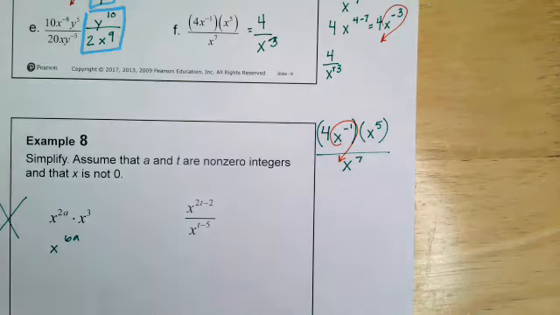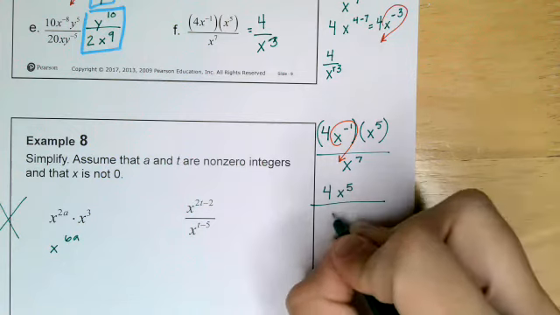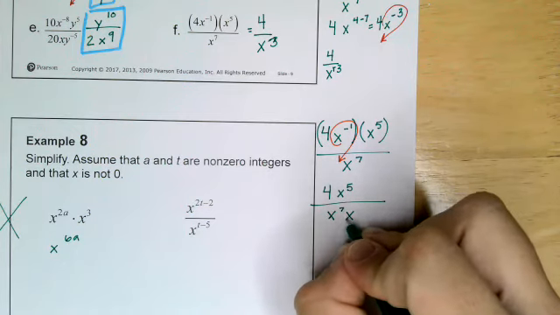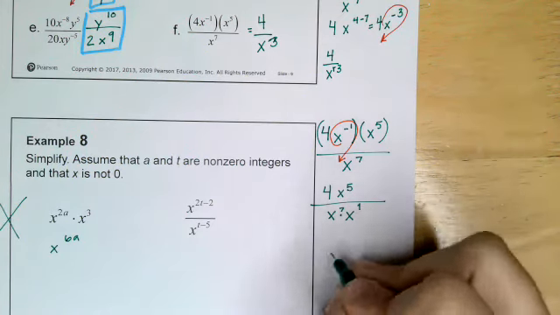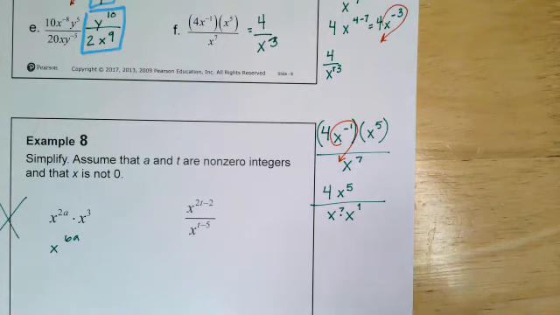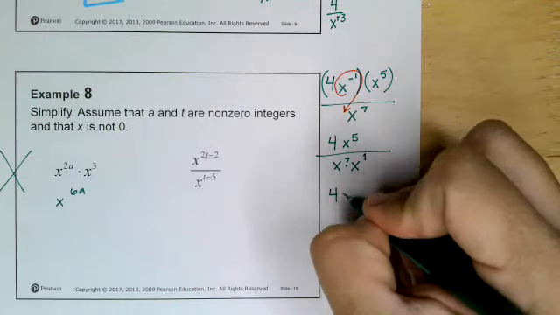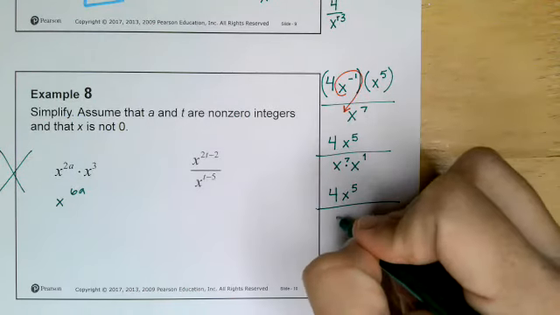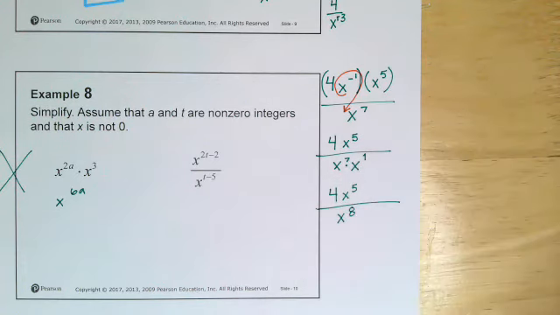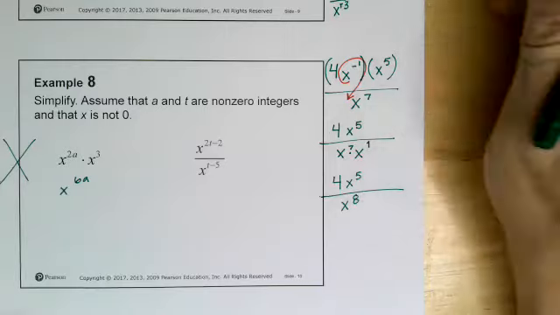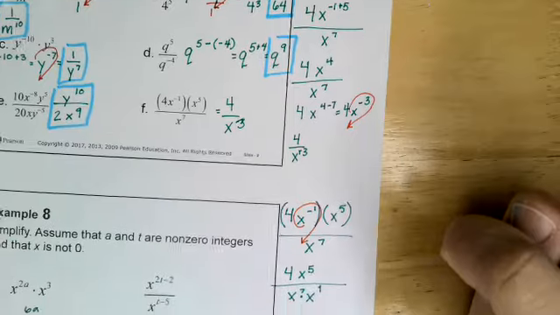So now I have 4x to the 5th over x to the 7th times x. They're being multiplied, so now it's x to the 8th, right? 5 minus 8 is going to give me that -3 again, and I'll have to put it back on the bottom.